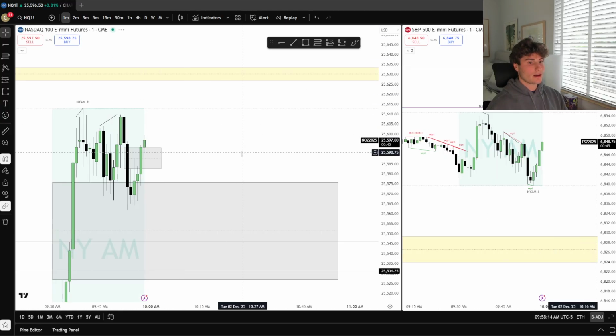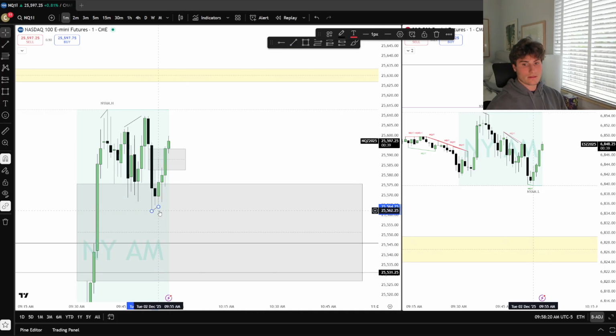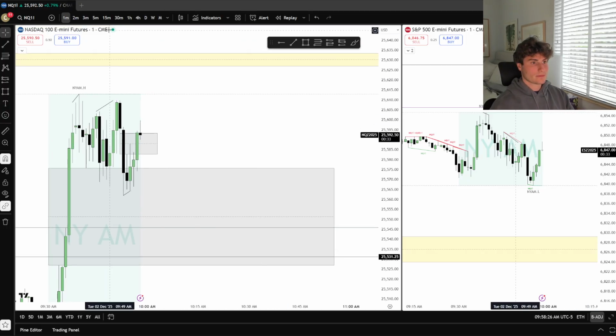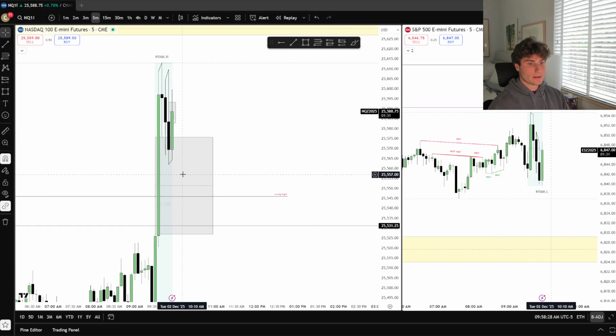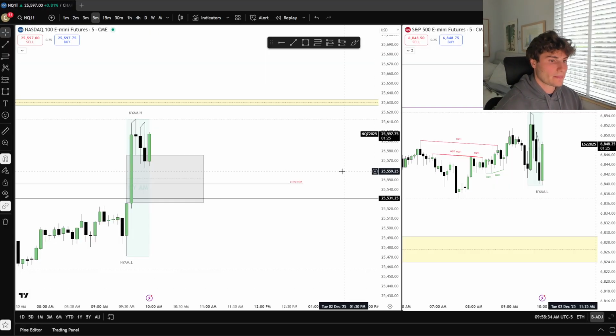It's actually a solid long, the bullish SMT here. I'd like to wait for confirmation though. The 5 minute closes in 1 minute. Let's see.